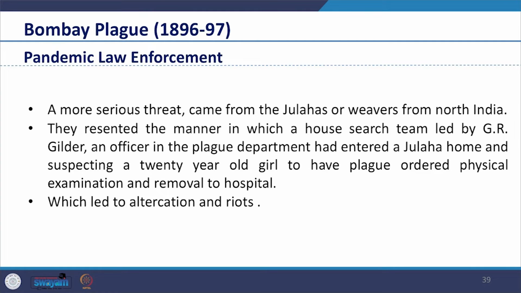They resented the manner in which a house search team led by G.R. Gilder, an officer in the plague department, had entered a Julaha home and, suspecting a 20-year-old girl of plague, ordered physical examination and removal to hospital, which led to altercation and riots.